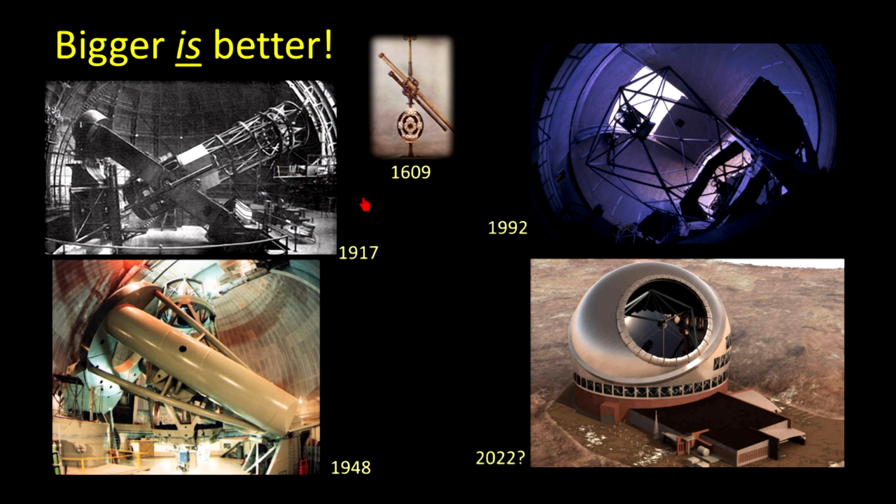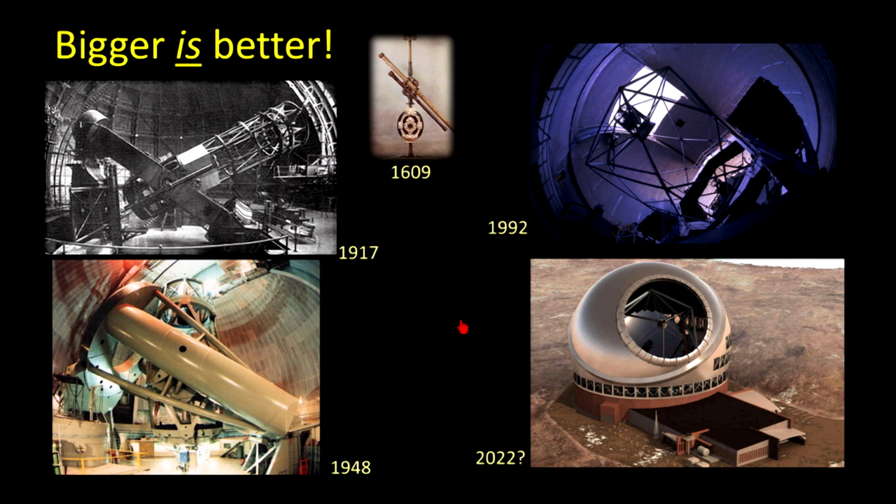This is the 100-inch telescope at Mount Wilson Observatory near Los Angeles. And from 1917 to 1948, this was the largest telescope in the world. Well, George Ellery Hale, who built this telescope, then wanted one bigger, wanted one twice the size. So in 1948, the 200-inch telescope became fully operational, and that was the biggest telescope in the world for many, many years.